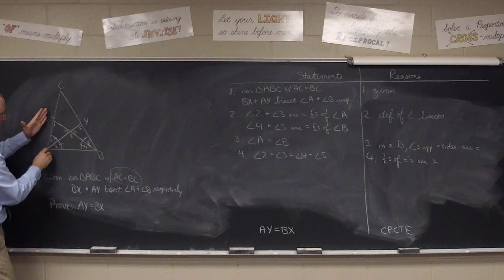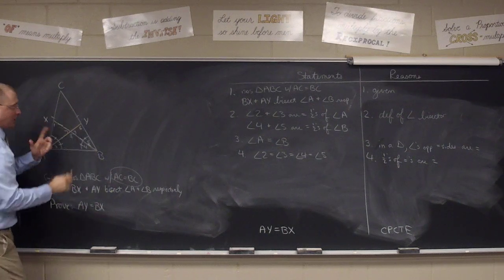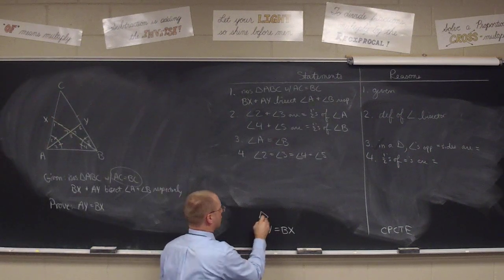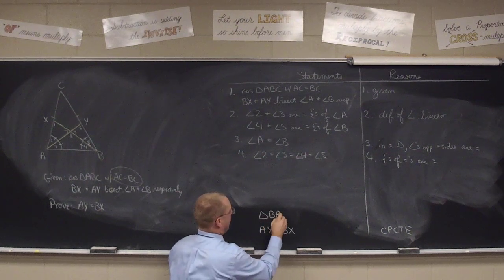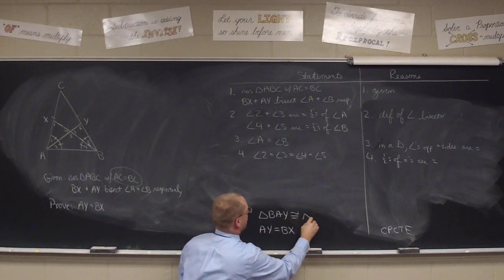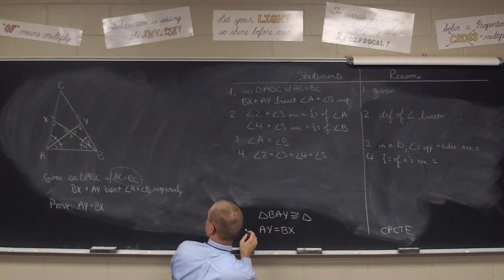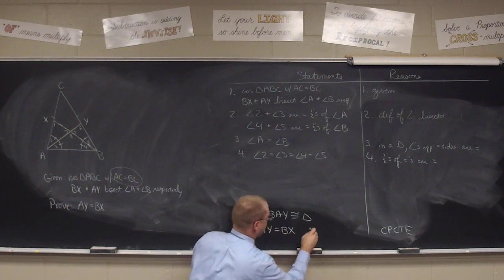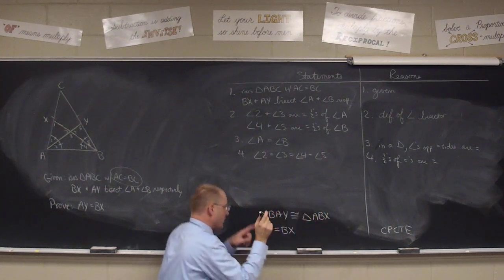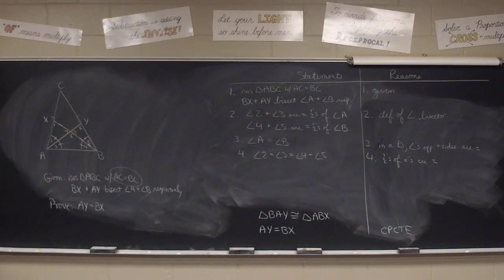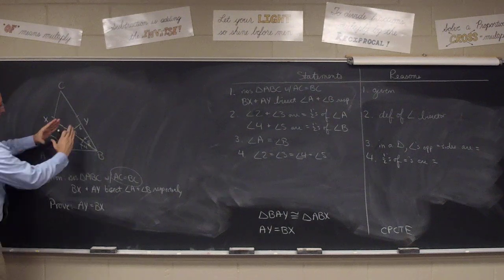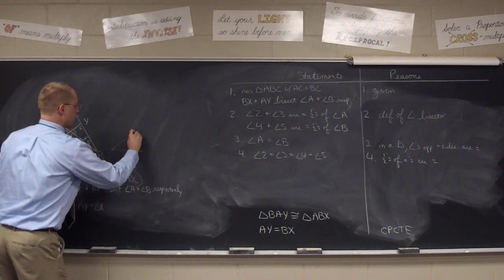This triangle down here and this triangle down here. If triangle BAY is congruent to triangle ABX, then these lines are going to be equal by CPCTC, correct? What do I already know about triangle BAY? In fact, I'm going to draw it off to the side.